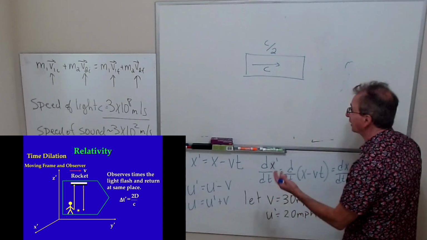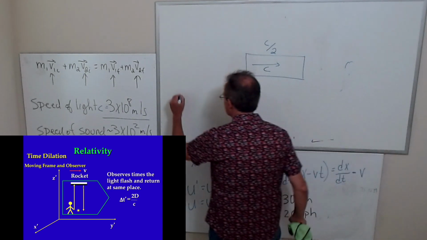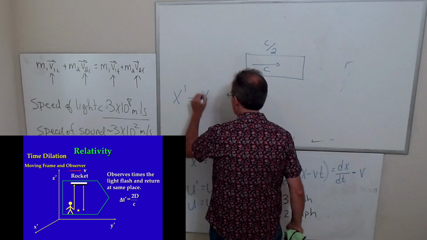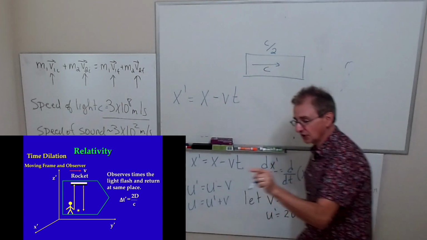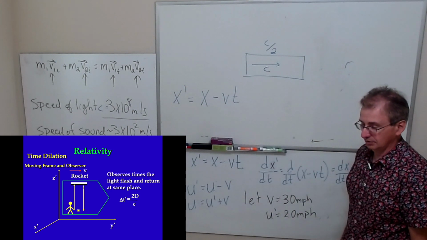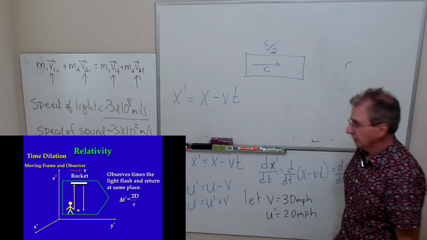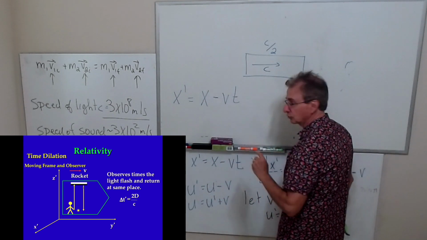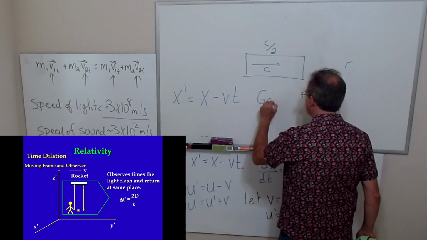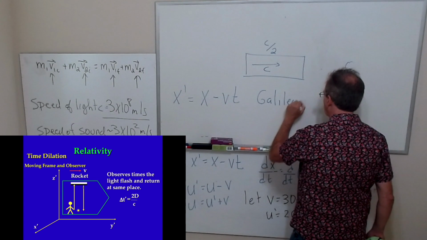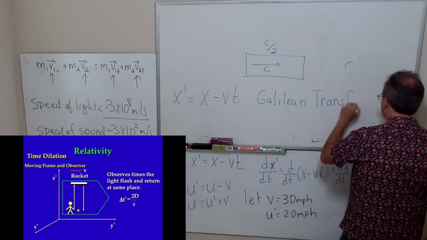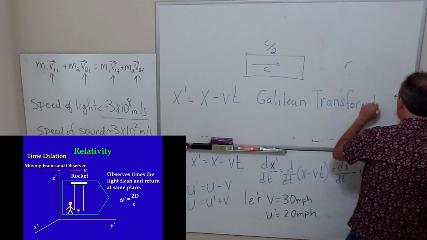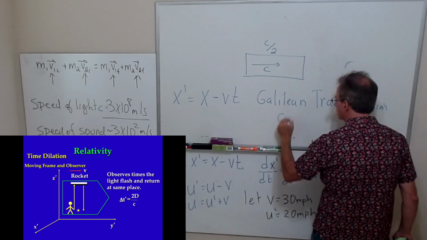That's one thing I didn't mention: as a result of those two postulates, the Galilean transformation changes.